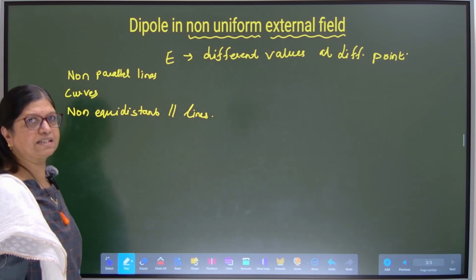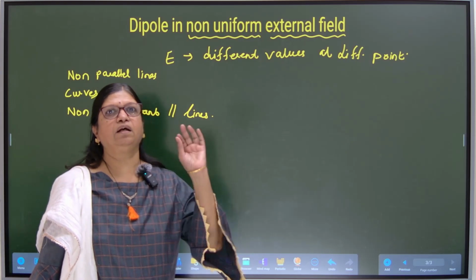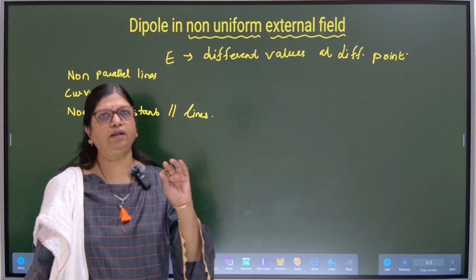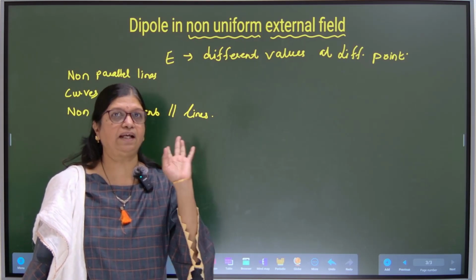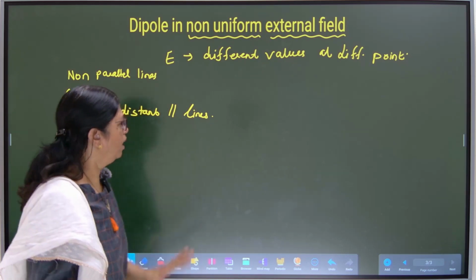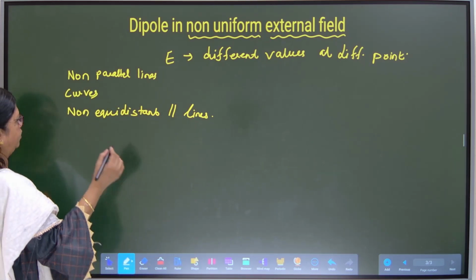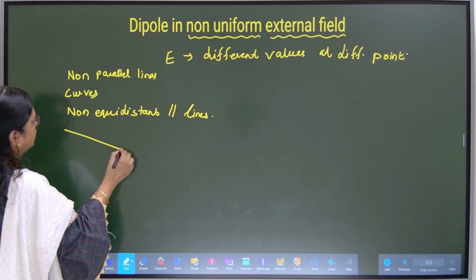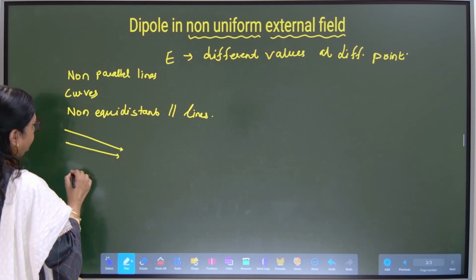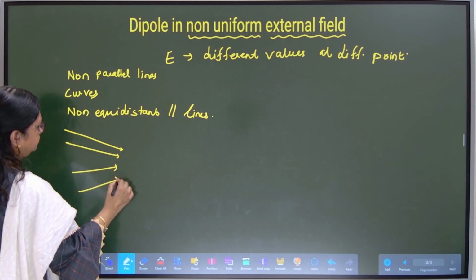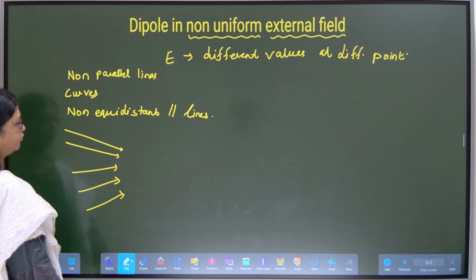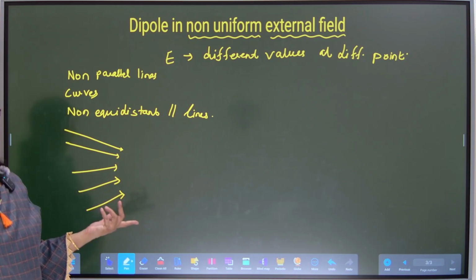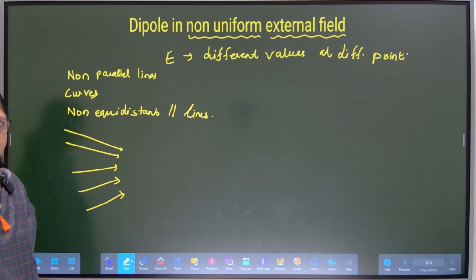Right? This is the way of representing a non-uniform electric field which is external, other than the dipole. How do I draw it? I can draw it like this. Yes, I have drawn some lines which are not parallel to each other, also not equidistant from each other.